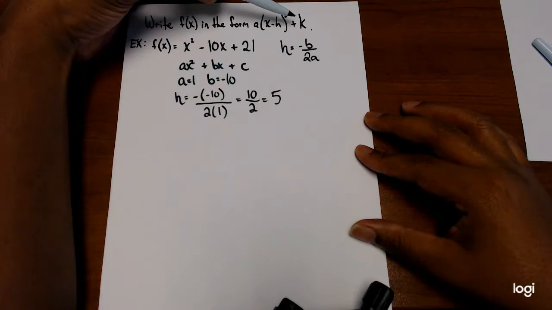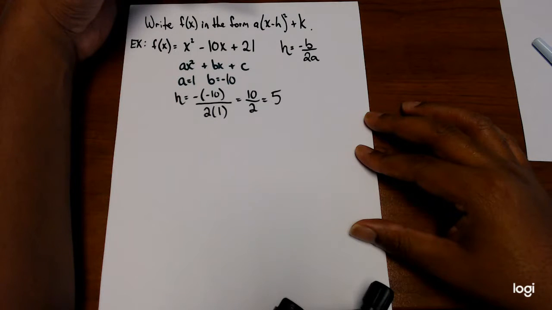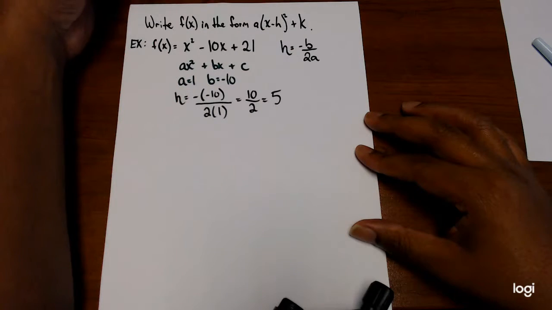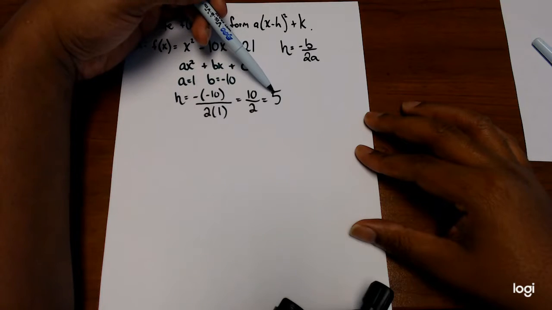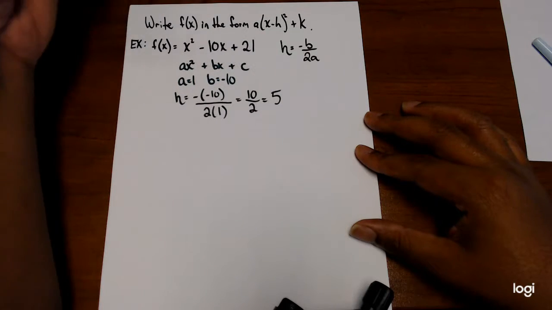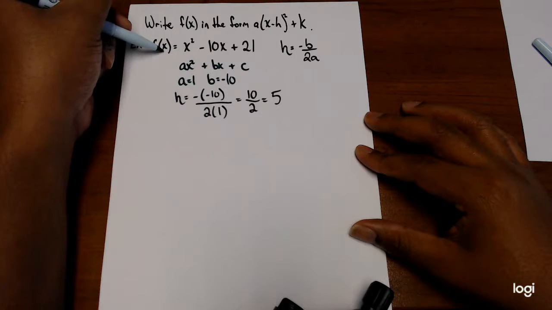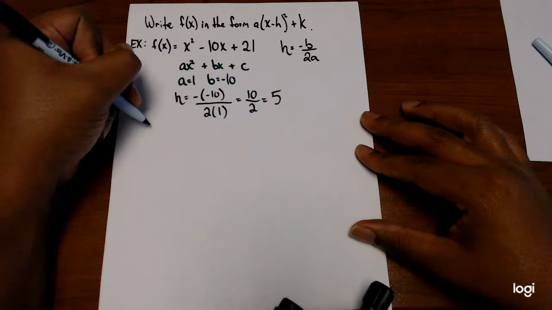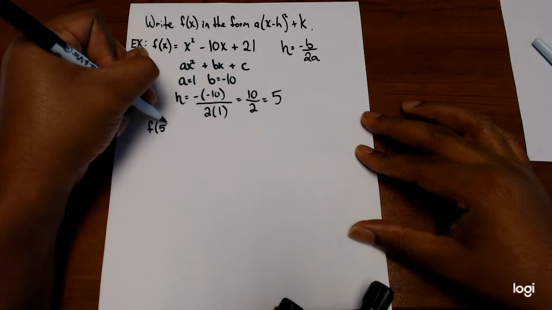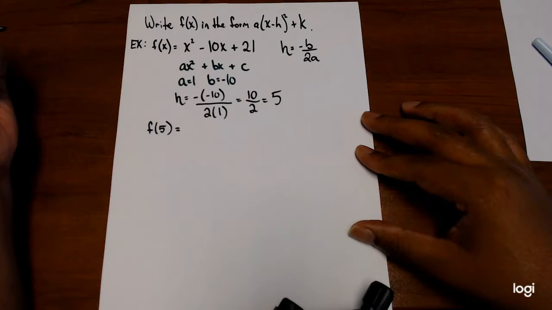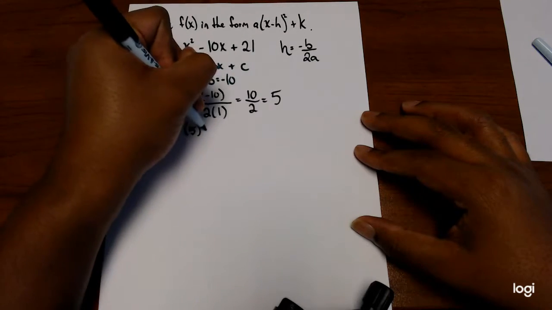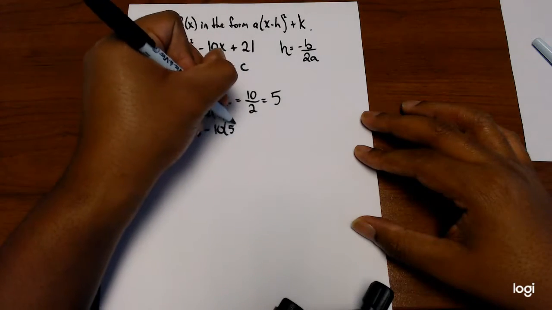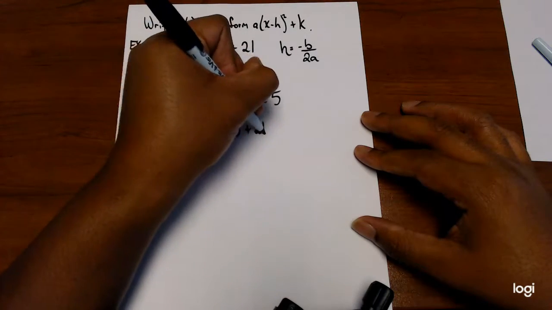Now, to find k, remember k is the y-coordinate of the vertex. And you may have heard a long time ago that f of x equals y. So then to find the y that goes with this x, I substitute into the function up here. So in other words, I'm finding f of 5. Right? So f of 5 is equal to 5 squared minus 10 times 5 plus 21.